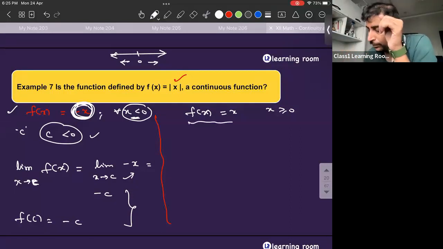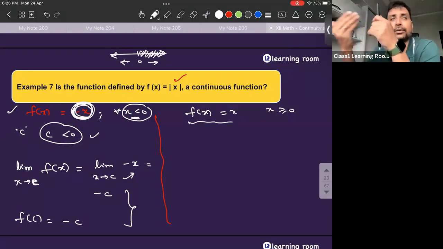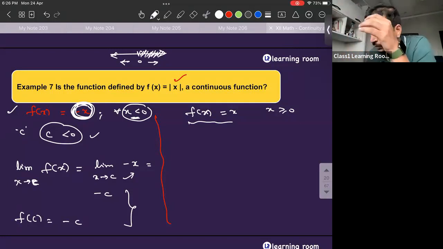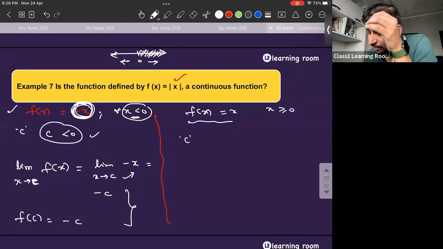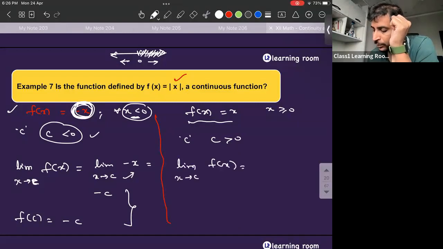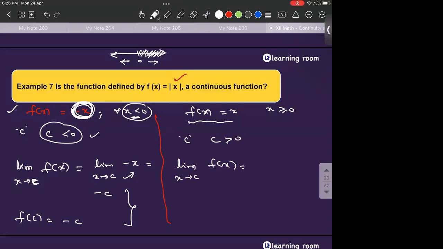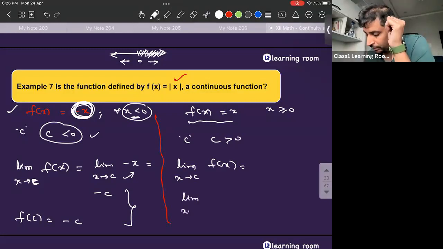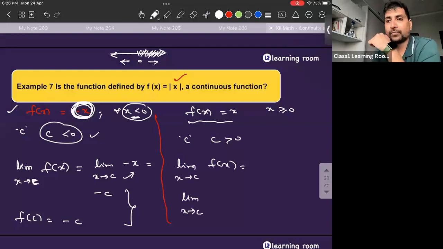Similarly, f of x is equal to plus x when x is greater than or equal to 0. Whenever I take a positive value of x, I should use x. Now I'll consider some real number c where that c is greater than 0. Limit x tends to c of f of x is going to be how much?